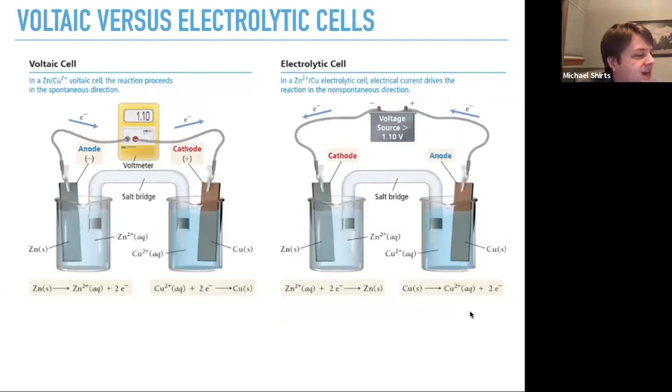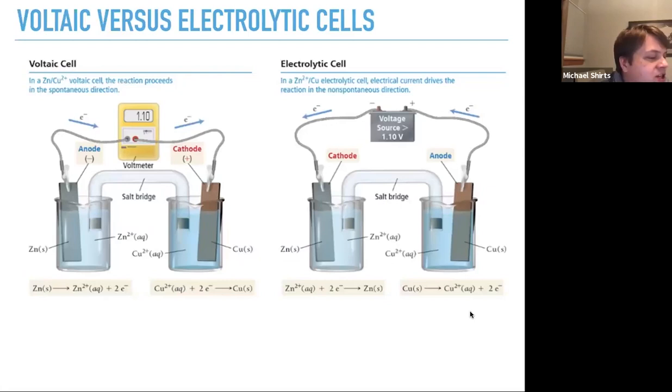So, voltaic versus electrolytic cells: a lot of the setup is the same. Let's say we have zinc and zinc ions on one side in a voltaic cell, and in the electrolytic cell, again, we have zinc and zinc ions on one side and copper ions on the other. The difference is that in the voltaic cell, zinc is the anode because electrons like to go away from zinc.